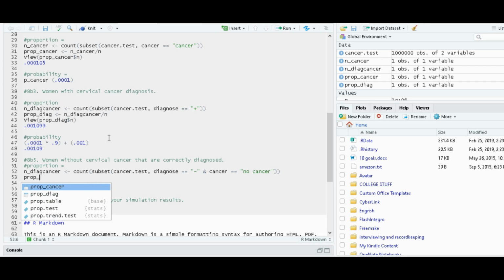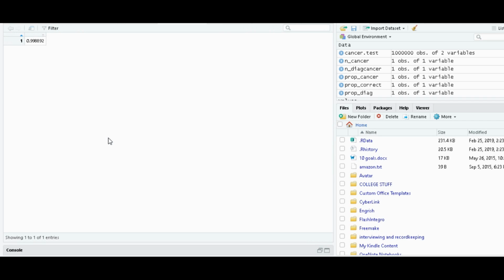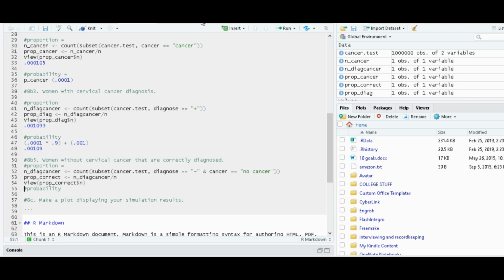Proportion of correct. So this is just n diag divided by that. Oof. 0.99889.